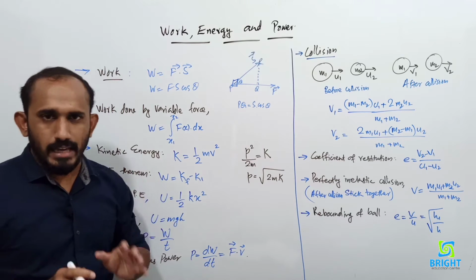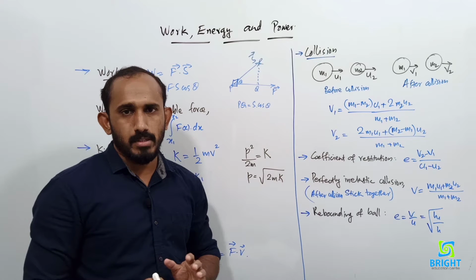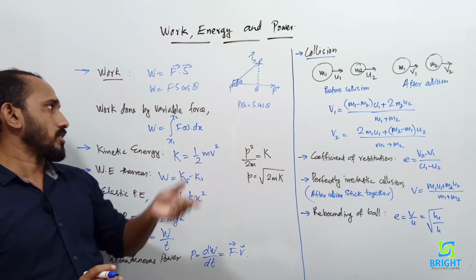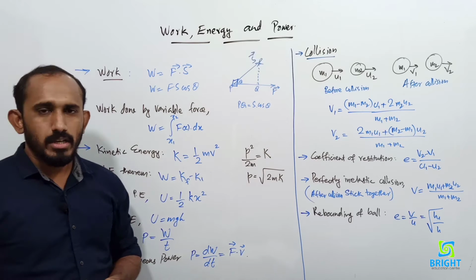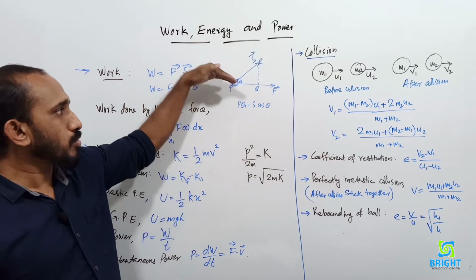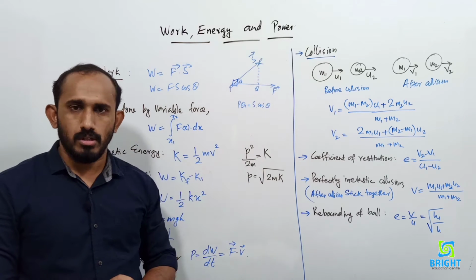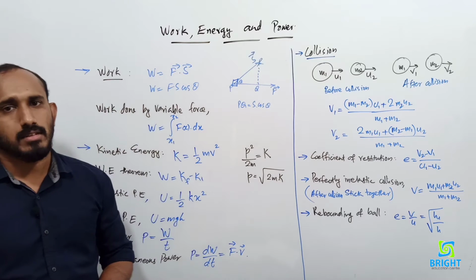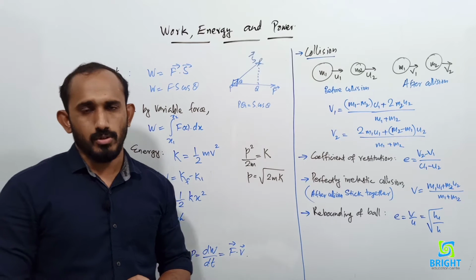For calculation purposes, theta is the angle between force and displacement, so W = Fs cos theta. If theta is 0, the body is moving along the direction of force, and the work will be positive. Cos 90 is 0, so the work will be 0 then.